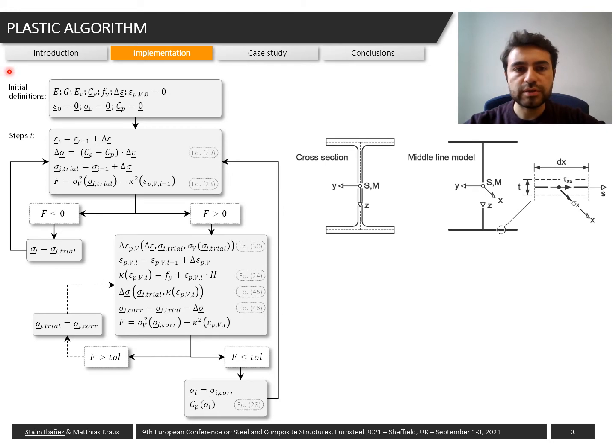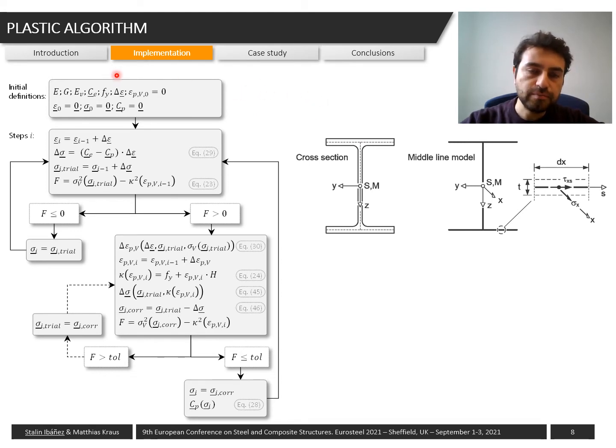Here I would like to present the algorithm for this plastic analysis. We have the cross-section, and for the cross-section we apply a certain increment of loading. This increment of loading produces an increment of strain in the fiber that we want to analyze. For every fiber, we run this plastic algorithm.